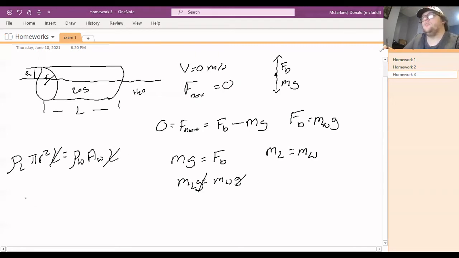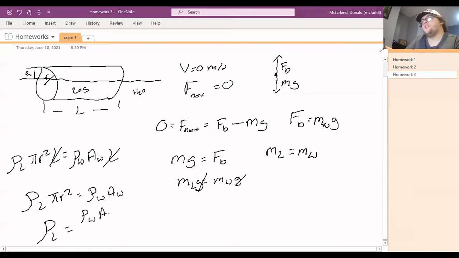So we're left with the density of the log times the area of the circle must be equal to the density of the water times the area underneath the water. Let's solve for the density of the log, and we're left with the density of water times the area under the water over the area of the circle.